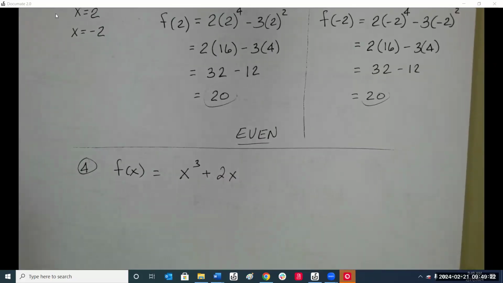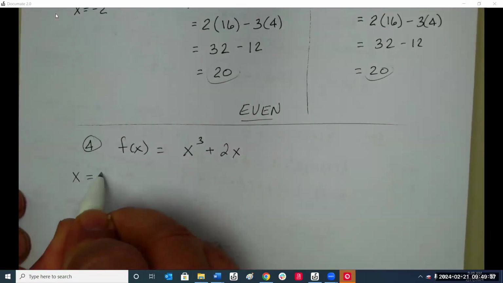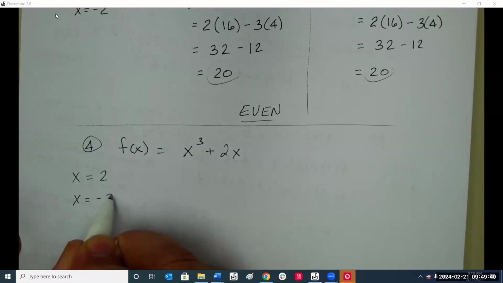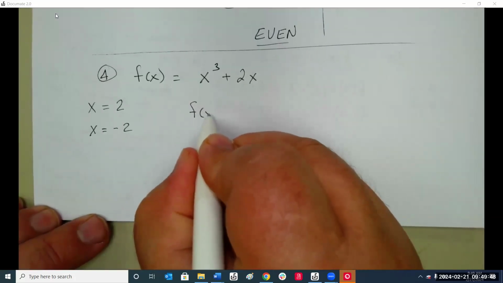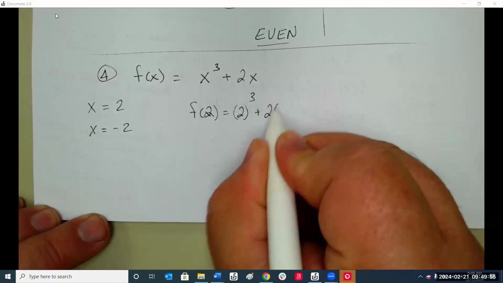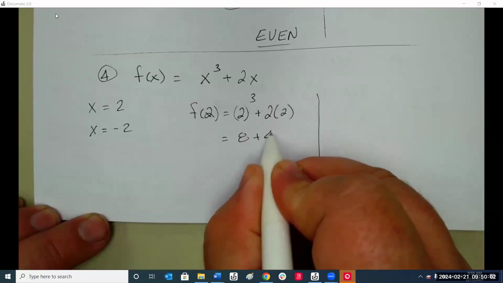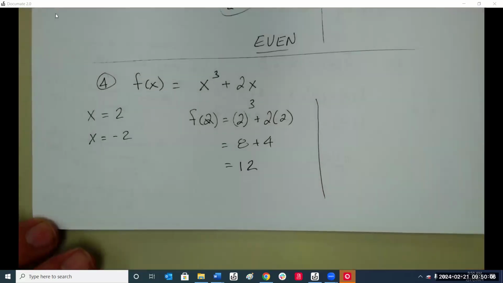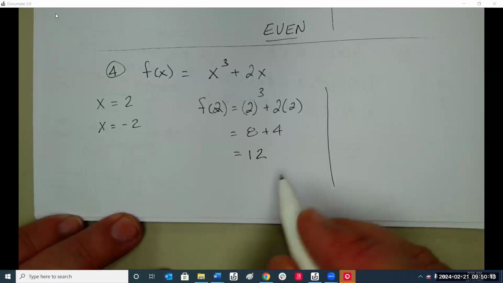X cubed plus 2x. So first one's 12. What did you get from negative 2?